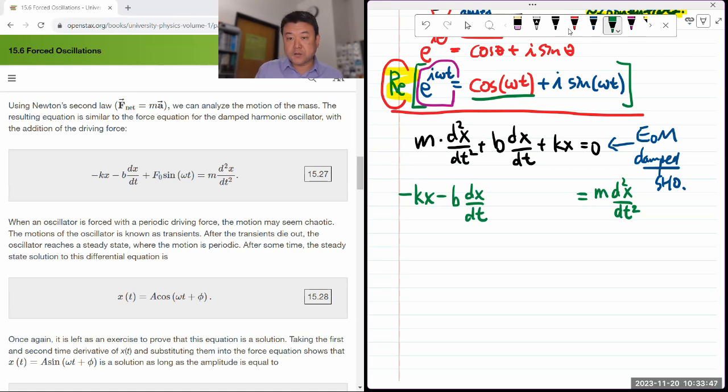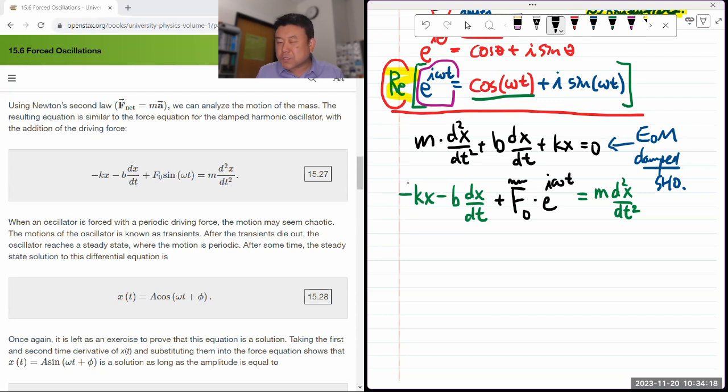So the new part that you are adding here to make it a driven and damped simple harmonic oscillator is this driving term, plus. And now, because we are using complex functions, we'll have to make sure that this is complex. The way we are going to do that is the magnitude, the amplitude of the force that we are driving, we'll say that's potentially a complex constant number. And then the function we use won't be sine omega t, it'll be e to the i omega t.